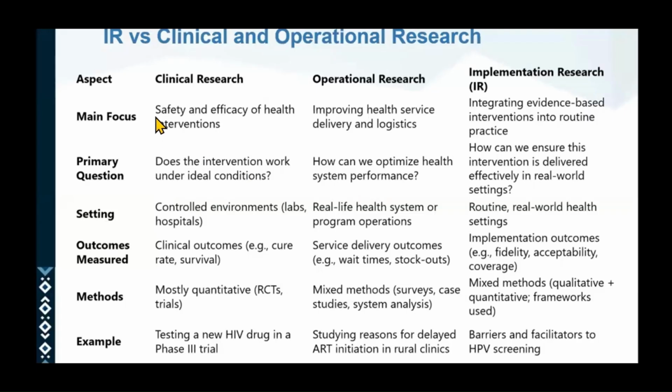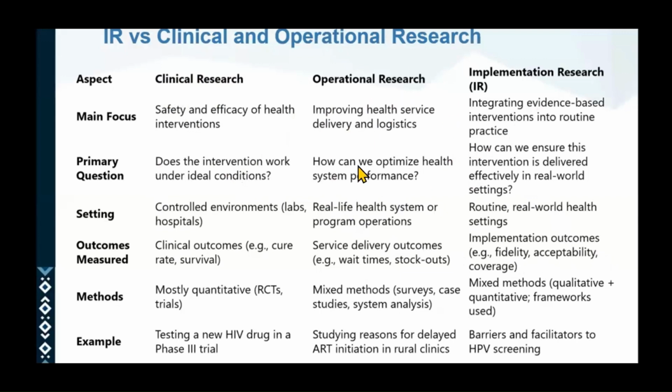So unlike clinical and operational research that have clinical outcomes, implementation research has implementation outcomes. We're looking at the fidelity, the acceptability, the coverage, and what have you. The primary question asked in clinical research is, does the intervention work under ideal conditions? In operational research, the primary question is, how can we optimize health system performance?